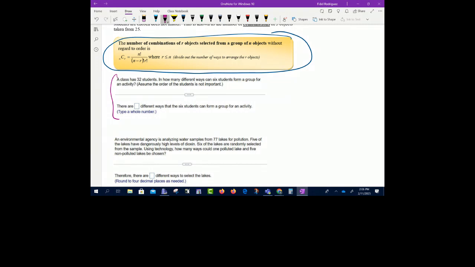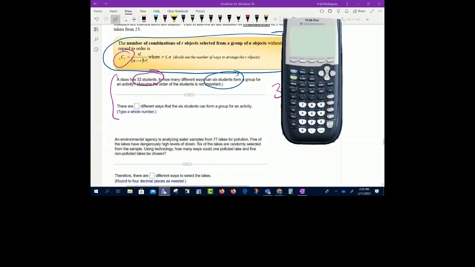So y'all, what we're doing here is we're choosing. I'm using the word choose because I'm going to be using combinations. How many people are in the class? 32. So y'all, we're going to go 32 and we're going to choose. How many people are we going to choose to form our group? 6.